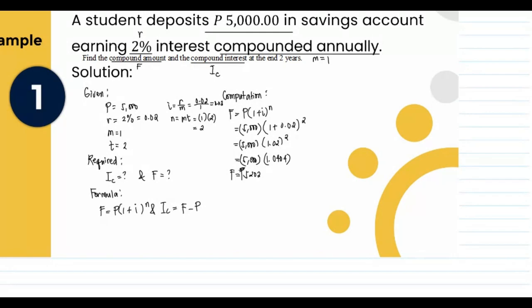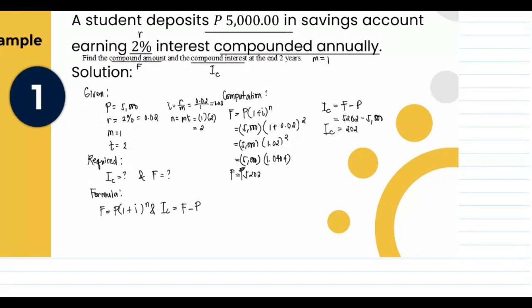So after which we have to calculate the compound interest as well. So we have both of these values. Compound interest, I sub c, is equal to F minus P. So what is our F? It's going to be 5,202 minus our principal, which is 5,000. So the value of our compound interest is going to be just 202 pesos.